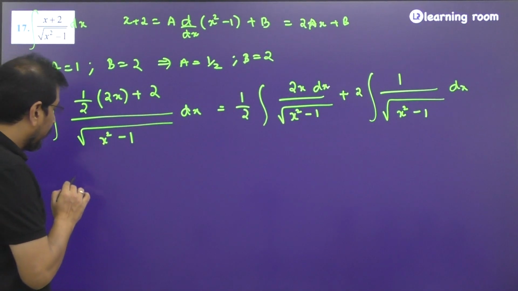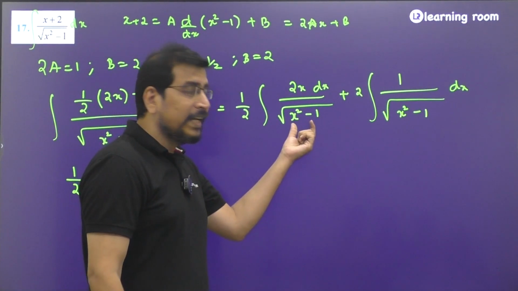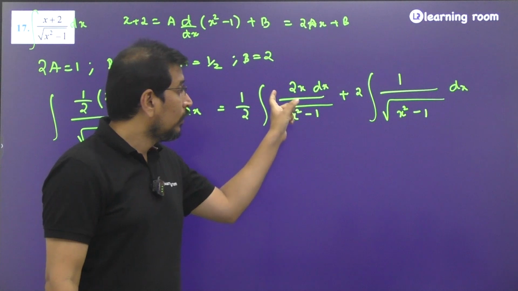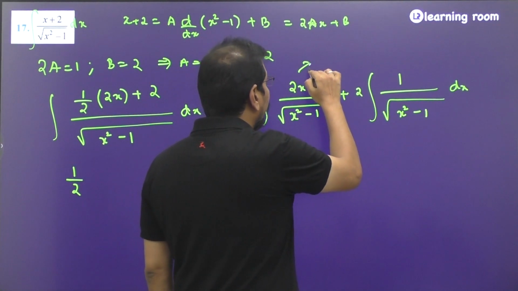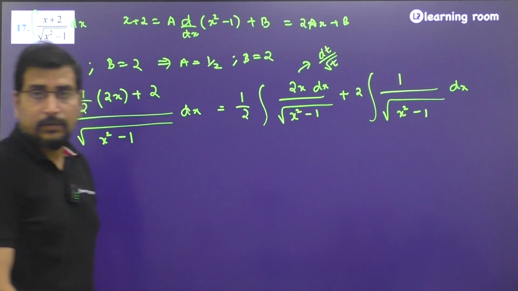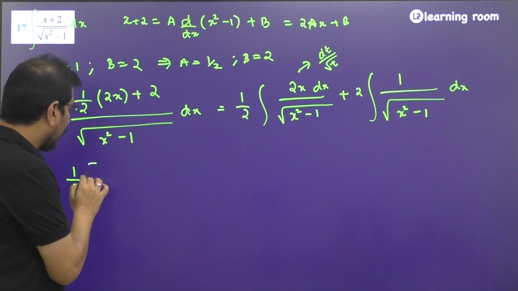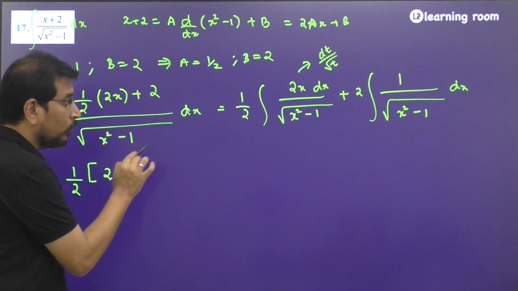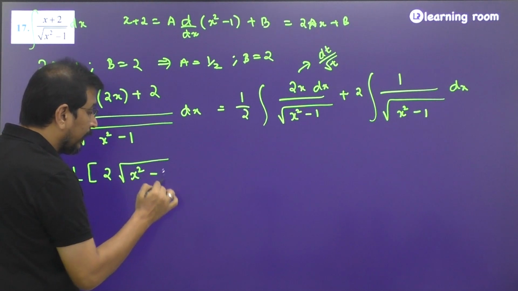Now observe, if you put x square minus 1 as t, 2x dx will become dt. So this is of the form dt divided by root t, and the integral of dt by root t is 2 times root t. So it will be half of 2 times root t, but what is t? x square minus 1.